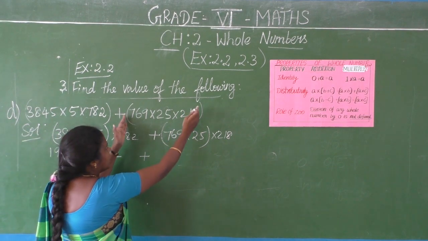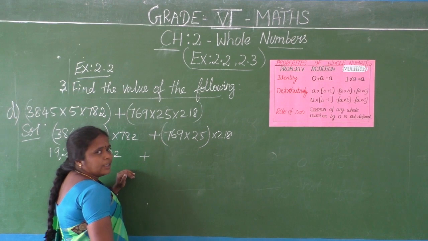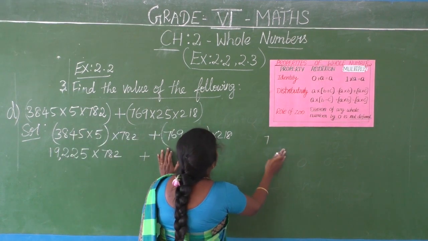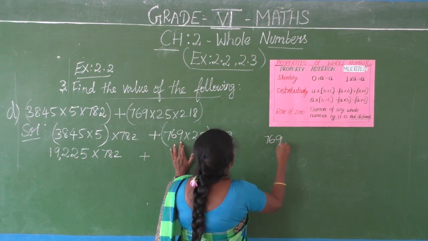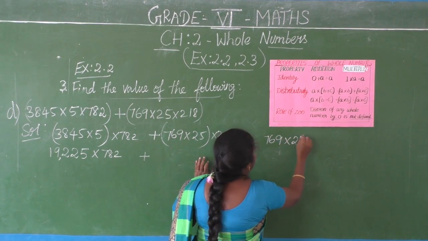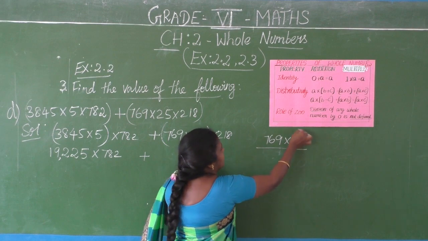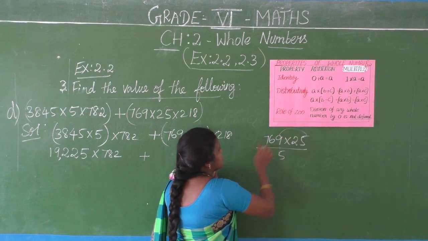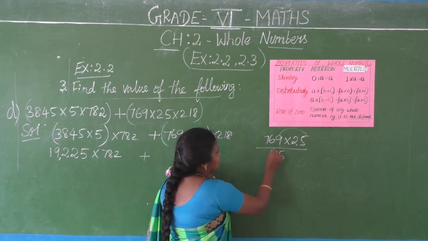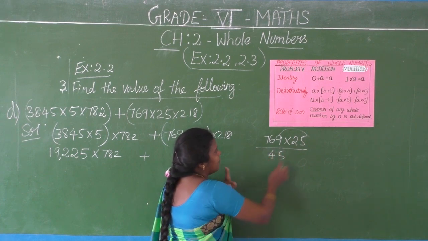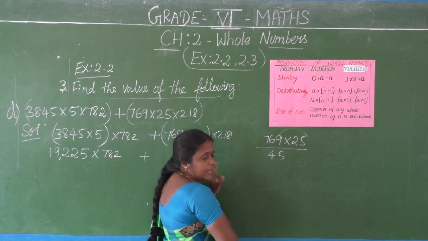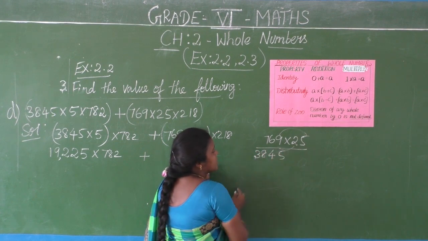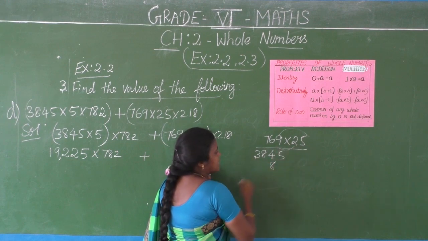Here also 3 numbers connected in multiple notation. In that I am going to multiply the first 2 numbers. 769 into 25. Multiply. 9 5s are 45. Remainder 4. 6 5s are 30. 30 plus 4, 34. Remainder 3. 7 5s are 35 plus 3, 38. Next tens number. 9 2s are 18.